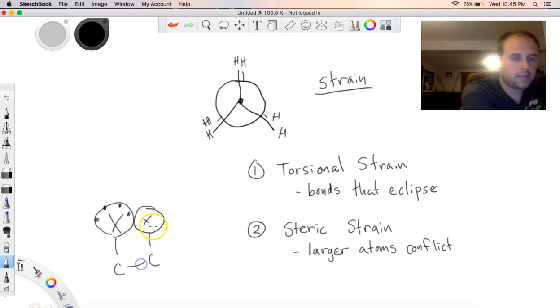Meaning if they're eclipsed like this, and then this atom also has electrons sitting around, when you look at these two coming close together, the electron clouds, you could say, or the valence electrons in the outermost shell, are going to start conflicting with one another. They're going to start having this strain, and this is referred to as steric strain, when these larger molecules start getting in the way of one another and having these issues.